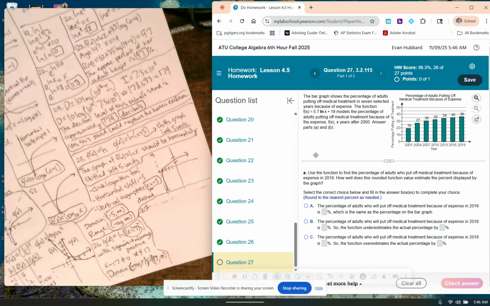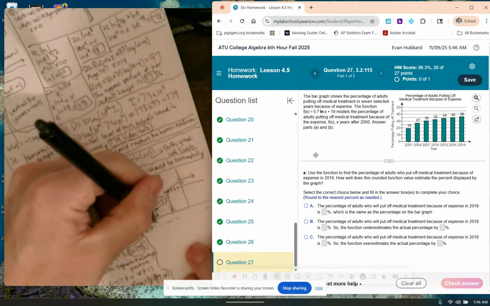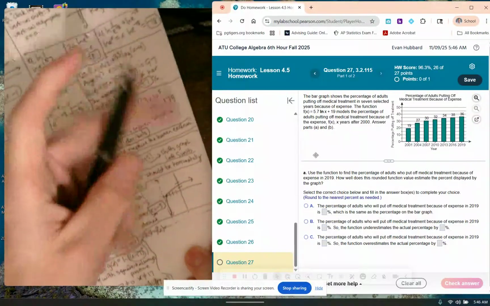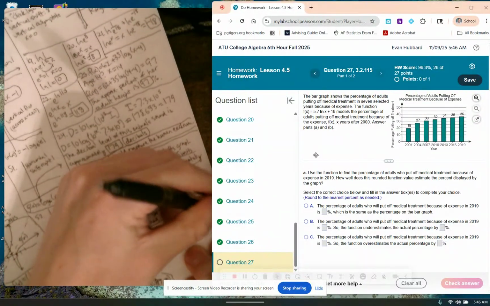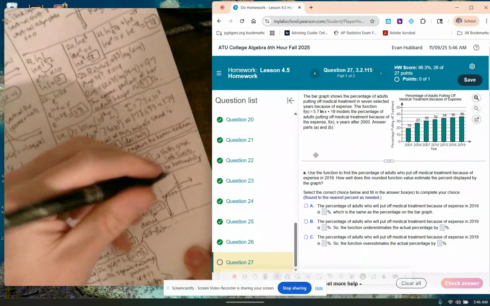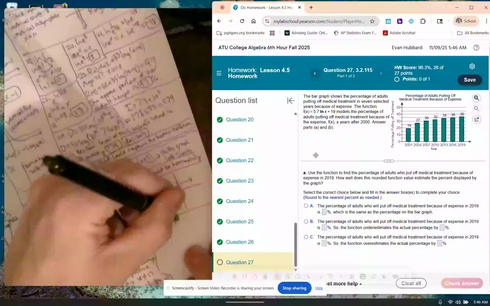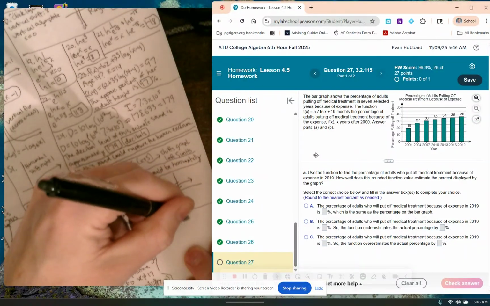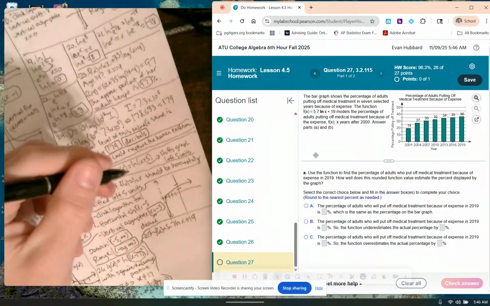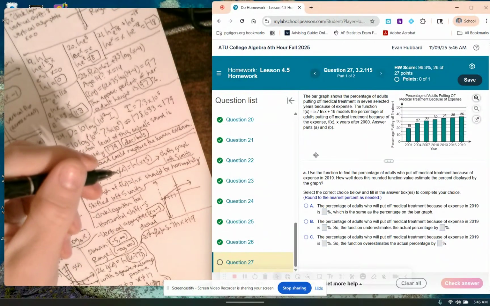All right, the bar graph shows the percentage of adults who have put off medical treatment in selected years due to expense. The function f of x equals 5.7 ln of x plus 19 models the data, where x is years after 2000.